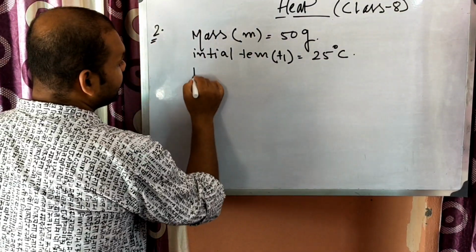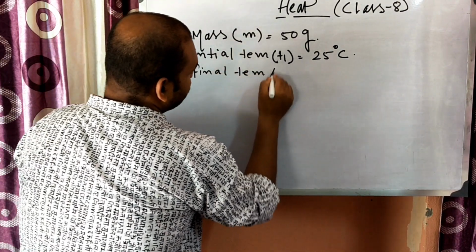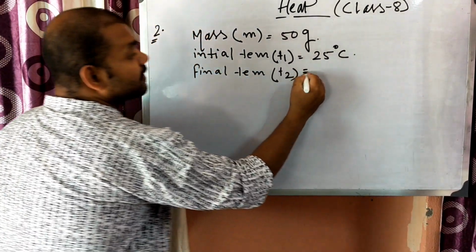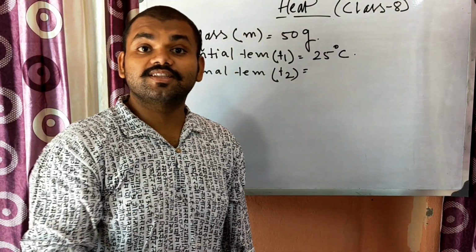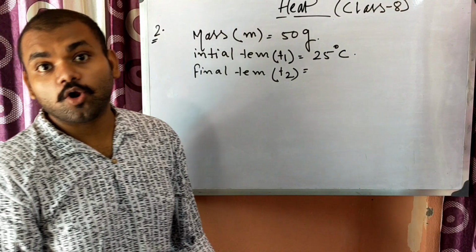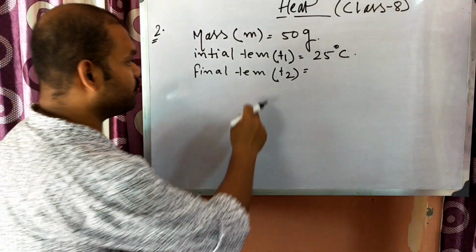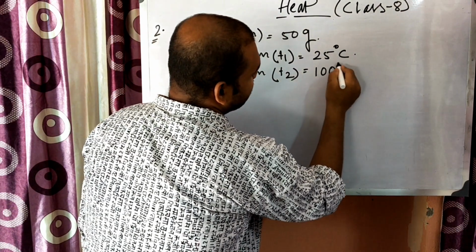Okay, final temperature, what will be the final temperature? Final temperature will be the boiling point, and the boiling point of pure water under normal atmospheric pressure is 100 degrees Celsius. So put T2 as 100 degrees Celsius.